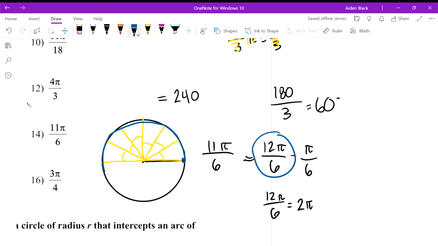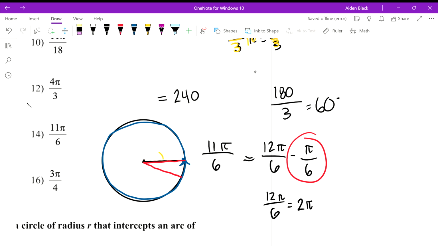We go all the way around, and we are actually removing 1 pi sixth from it, so it'll be about that big. So if you think about it, your angle should look like this. Pretty close to 360, right? Pretty close to 360 degrees.